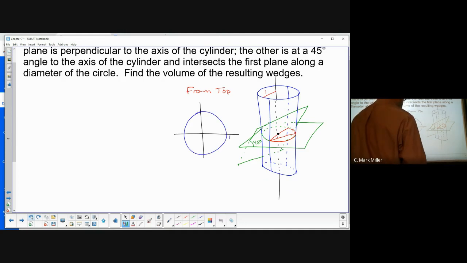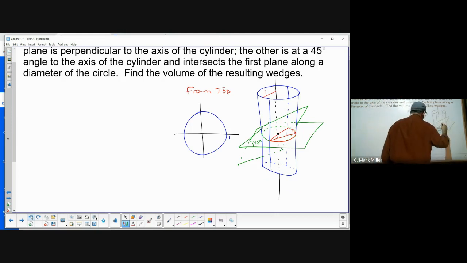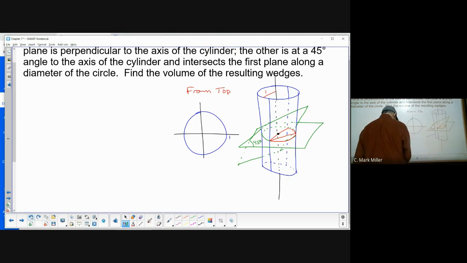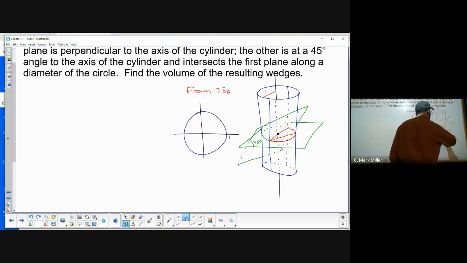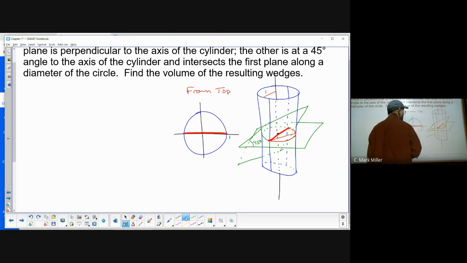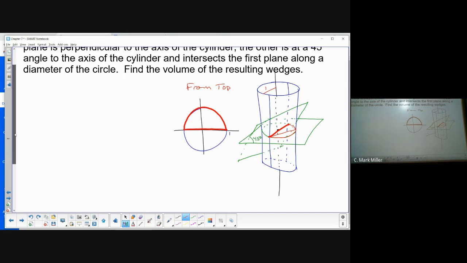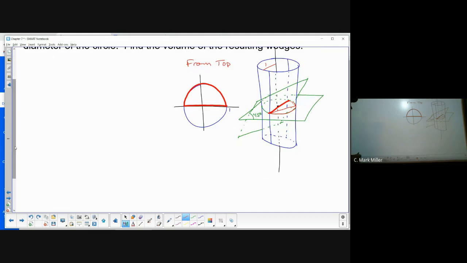And then I'm going to have, from the top, this red line is this red line. And from the top, it goes like this. That's what you're going to see from the top of the wedge, right? And maybe from another side, it might look like this.